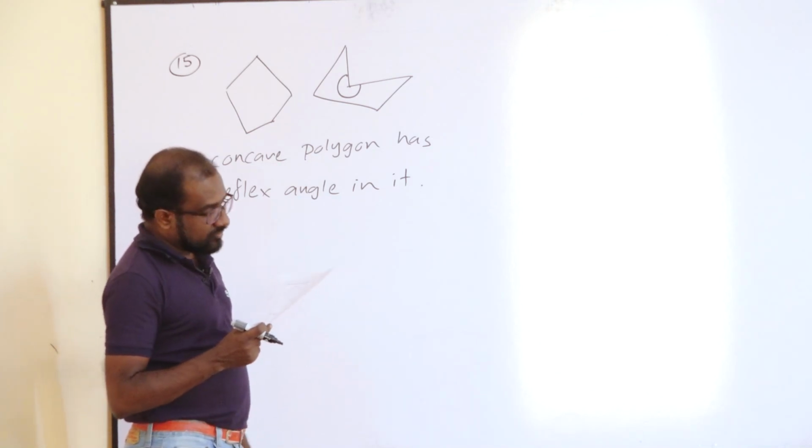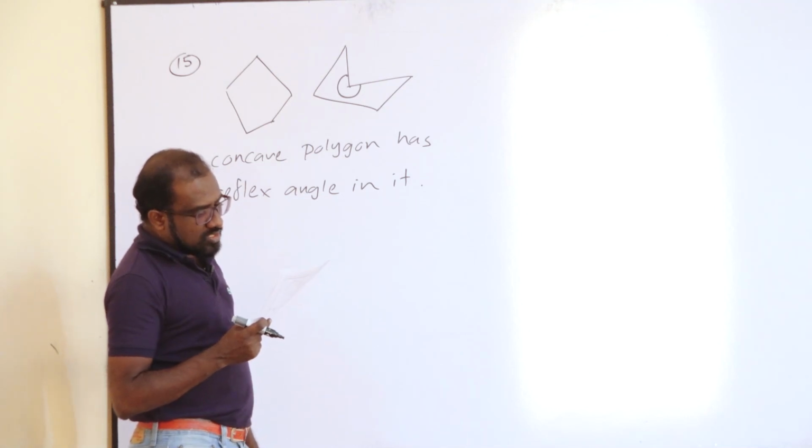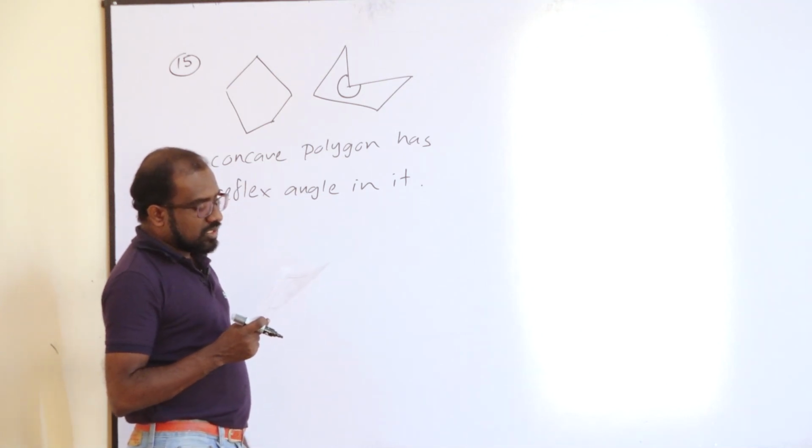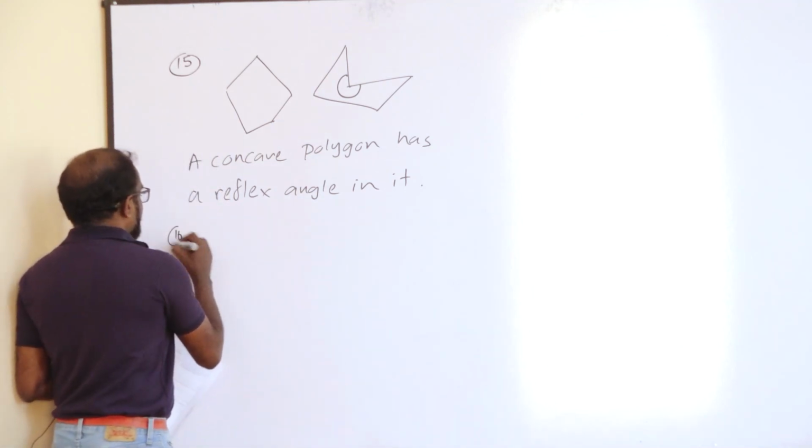You have to study. 16th question. The volume of the liquid in the vessel is 10 milliliters. Estimate its capacity.